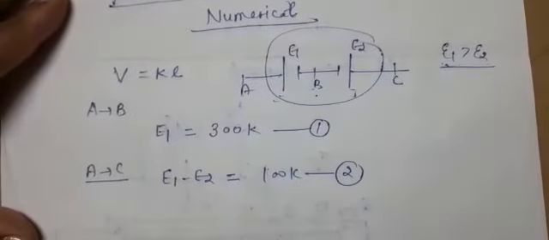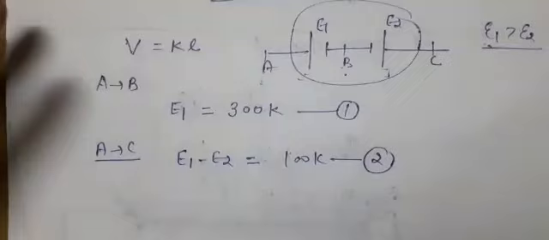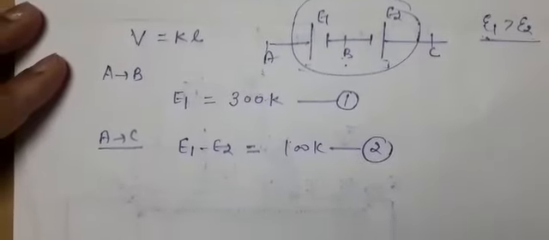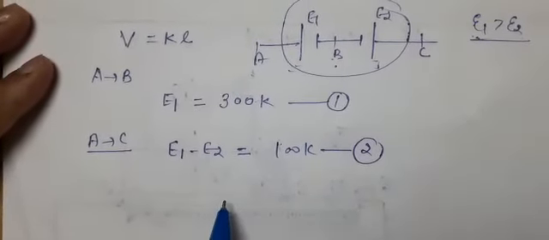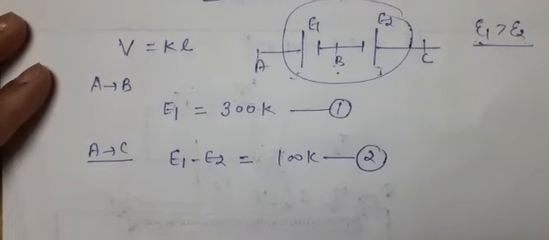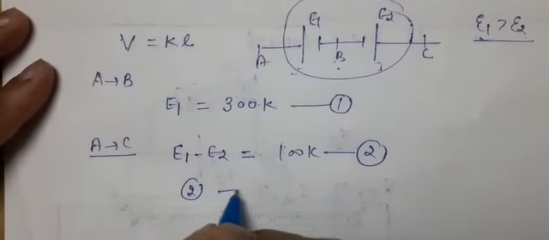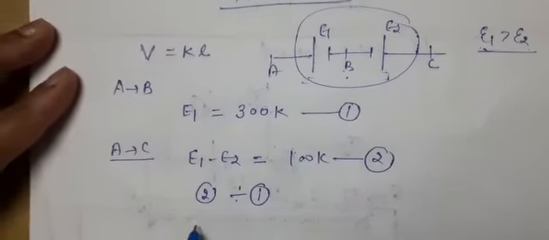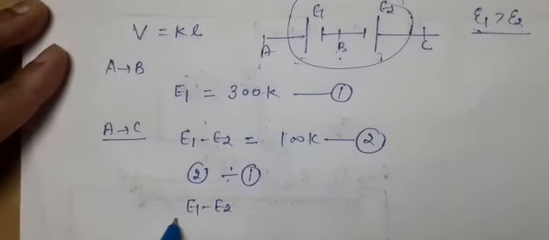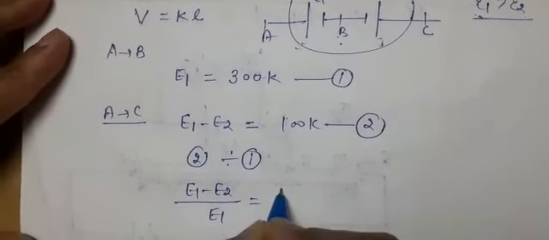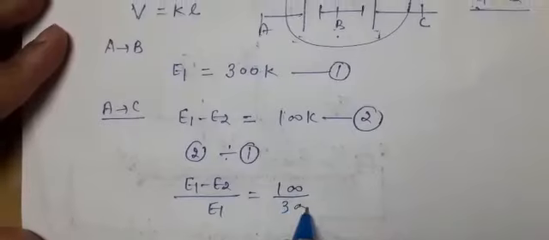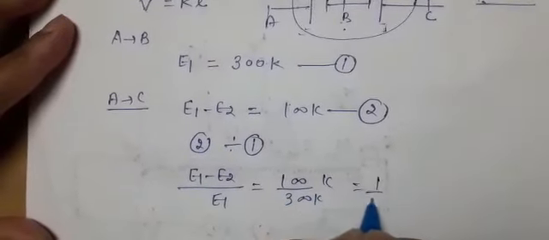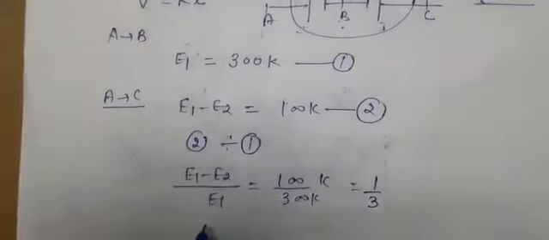So the equation will be this one. Now we have obtained these two equations, so you have to rearrange and solve. Here I am taking the ratio of equation 2 and 1. So (E1 minus E2) upon E1 comes out to be 100K upon 300K, which is 1 by 3.